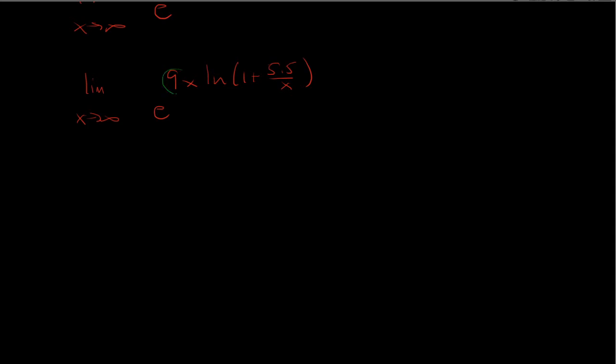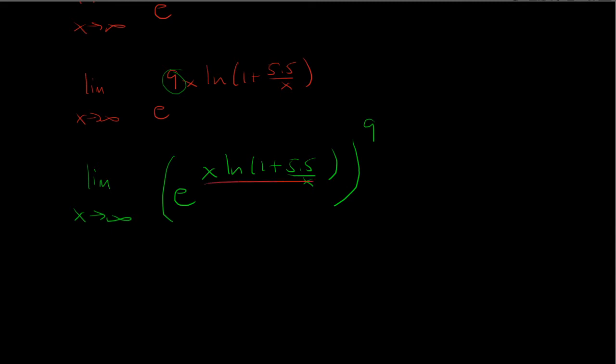So this 9 can be the exponent of all of this. So this is what I mean. Okay. So we have the exponent x ln of 1 plus 5.5 over x, and then raise that to the 9th power.